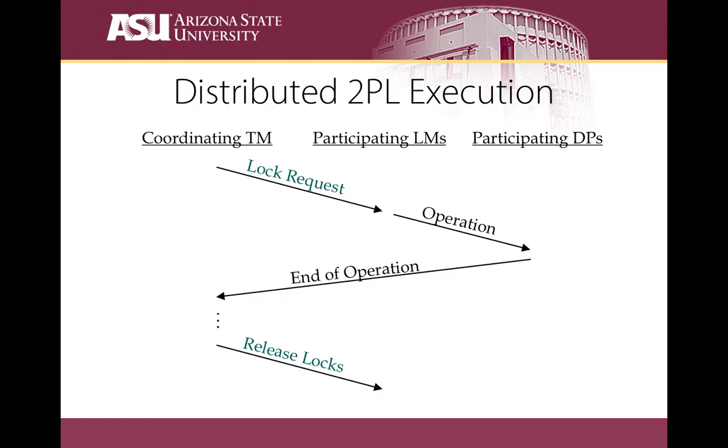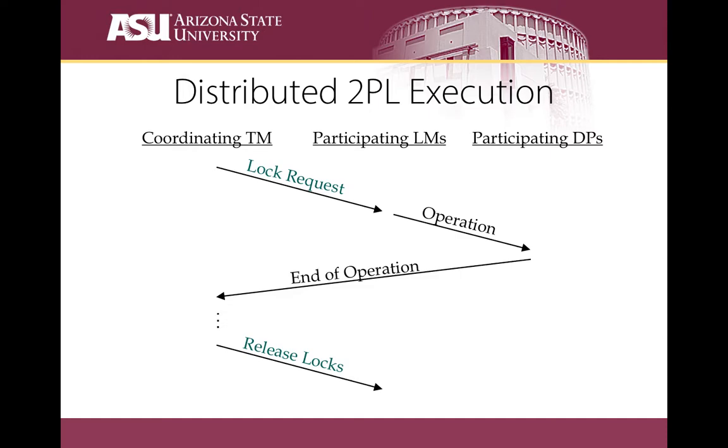So in this case, the transaction originates at the coordinating transaction manager, again. And then you want to read or write an item. There is a lock request. What are you going to do with the lock request? Send it to the participating lock manager, right? So lock request.